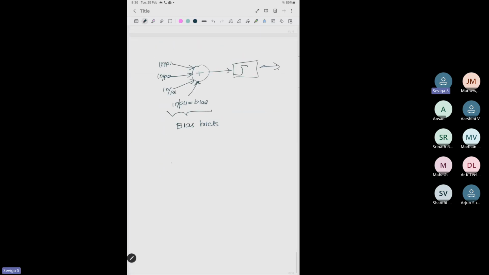So similar to the real neurons, the entire thing I can represent in a box.